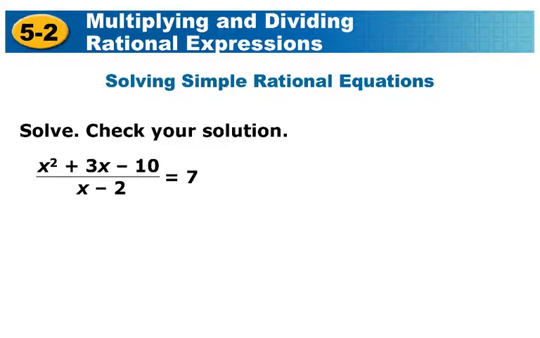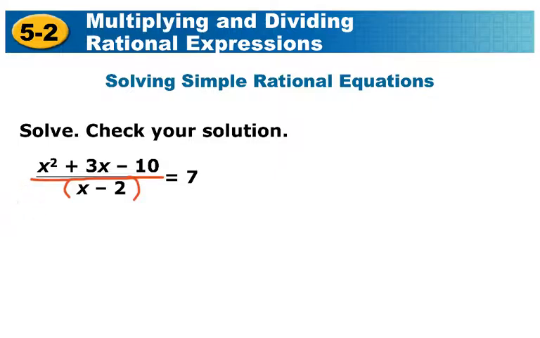So the next two are all about solving, which of course is a little bit different, but at the same time, hopefully you notice that this polynomial is being divided by this polynomial. So if it's being divided and I'm trying to solve, I actually am going to want to multiply both sides by x minus 2.